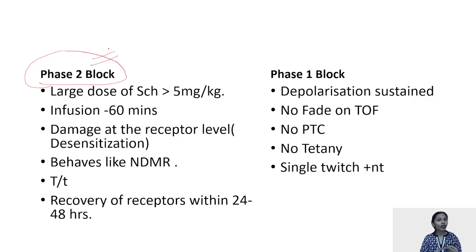There would be fade on train-of-four and there will be fade on post-tetanic count. Tetanic stimulus will have a fade, right? A star one again, which is the only test that is not going to differentiate between your depolarizing and non-depolarizing muscle relaxants, and that is your single twitch test, because in a single twitch the decrease in amplitude will be seen in both classes of drug.